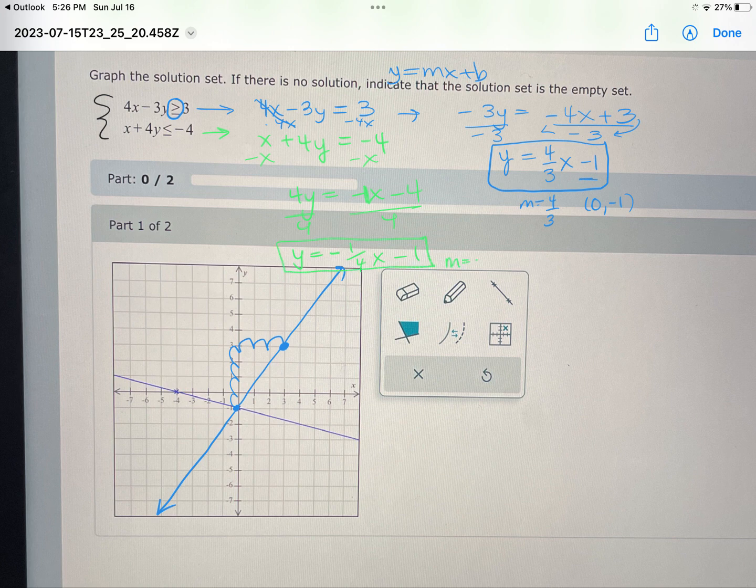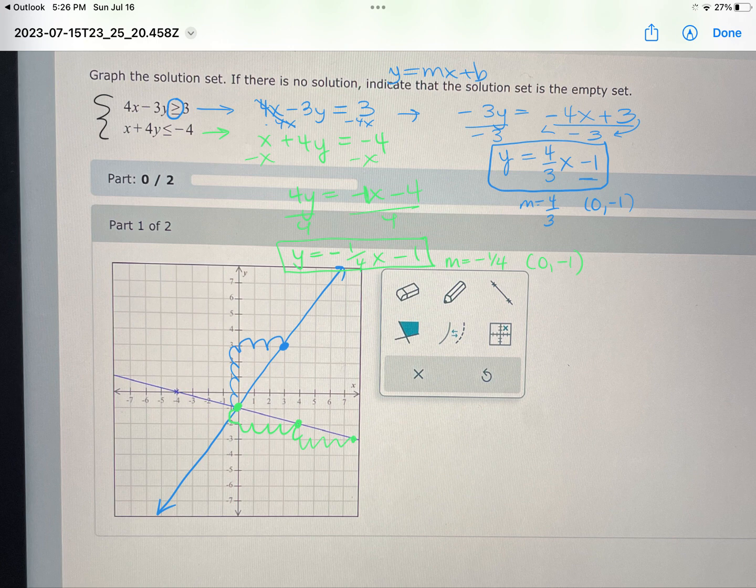My slope is negative 1/4, and my y-intercept is 0, negative 1. So I'm going to go to that same 0, negative 1 spot, but my slope this time is negative 1/4, so I'm going to go down 1, and then to the right 1, 2, 3, 4. And if you need more points to draw your line, just continue that same pattern. So we go down 1, to the right 1, 2, 3, 4.